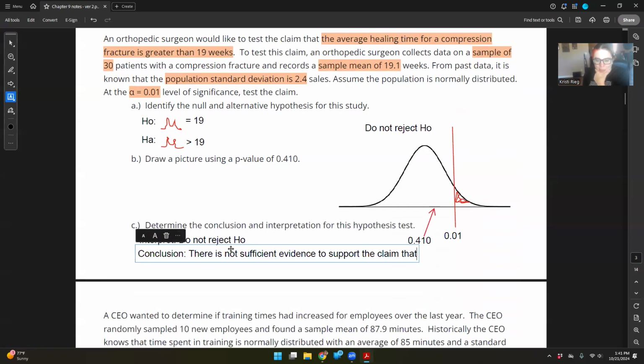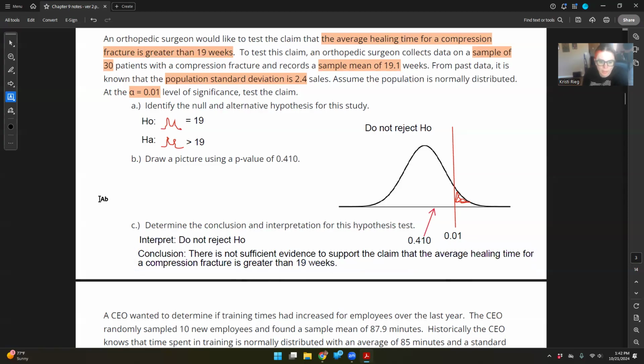When we cannot reject the null, I'm not saying the null is great, I'm just saying we don't have enough evidence to reject the null. So we also don't have enough evidence to support the claim. So there's not sufficient evidence to support the claim that the average healing time for a compression fracture is greater than 19 weeks.